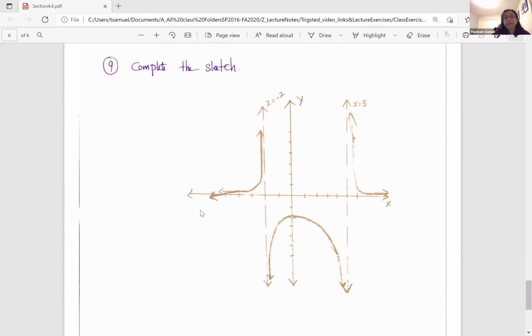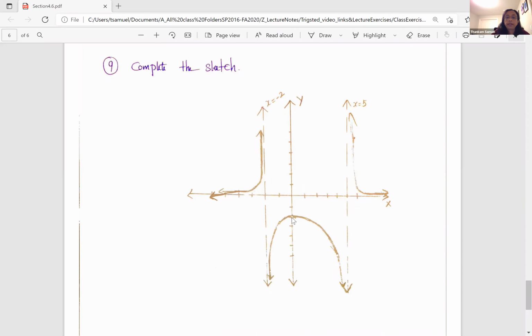To sketch the graph, first we need to graph the vertical asymptotes, x equals -2 and x equals 5. And also we need to plot the x-intercept, that is -5, and the y-intercept, which is (0, -2).